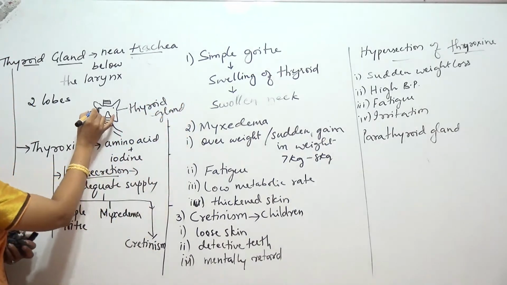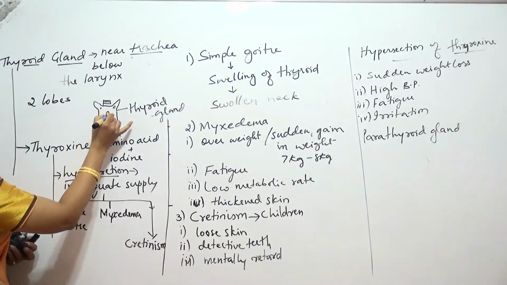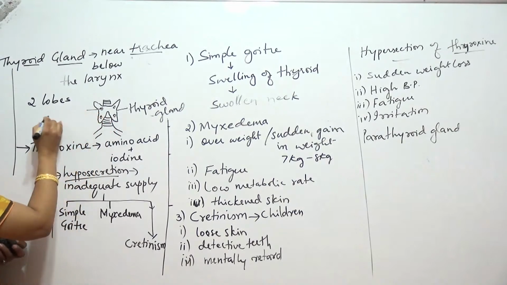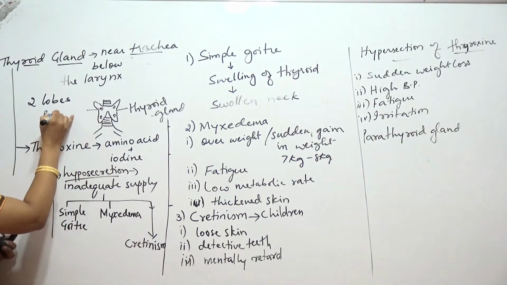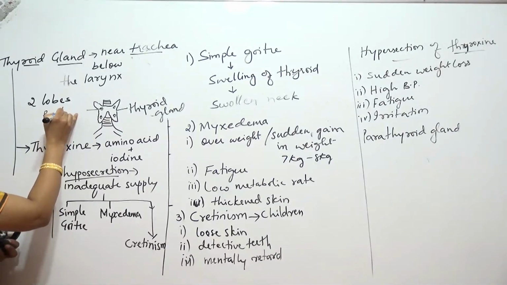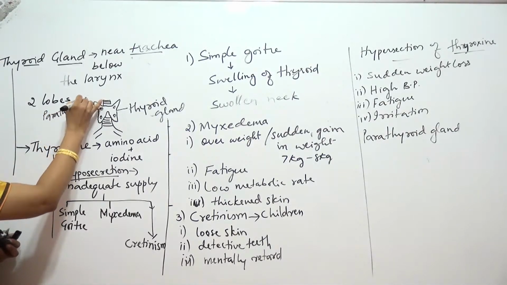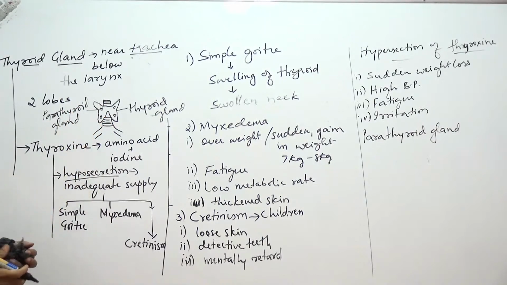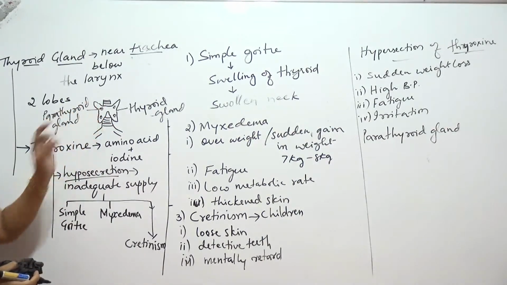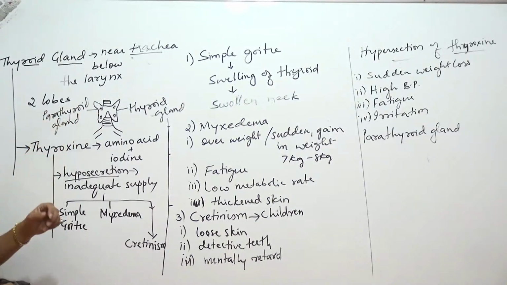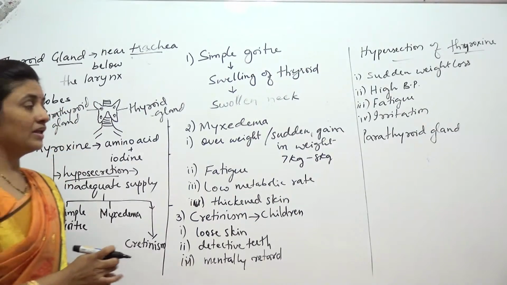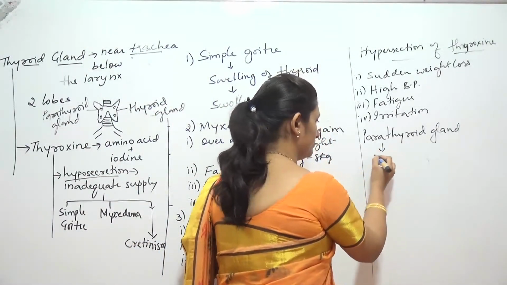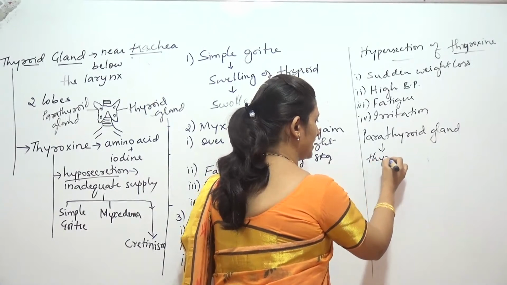These are four small oval shaped glands which are found in the thyroid gland. We can call it gland in gland. So they are four in number. This parathyroid gland is set into the thyroid gland itself.